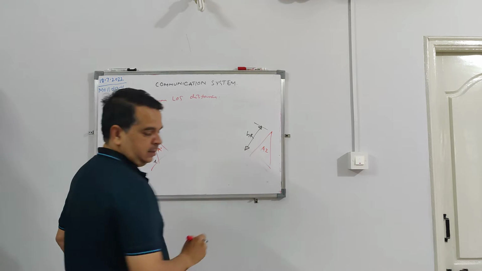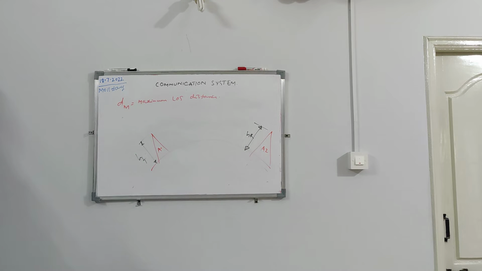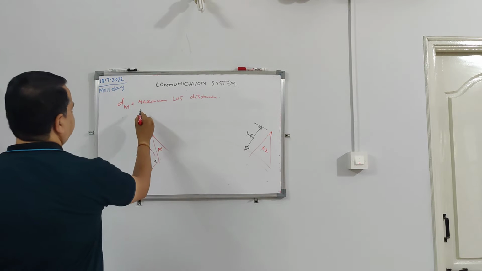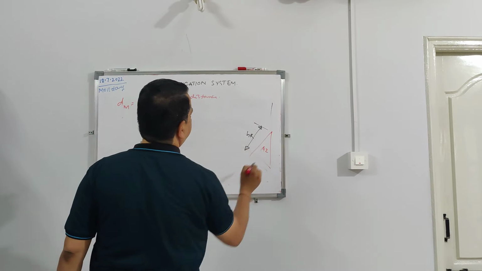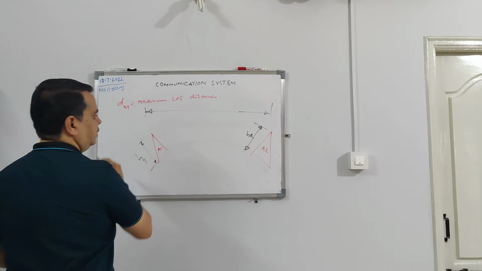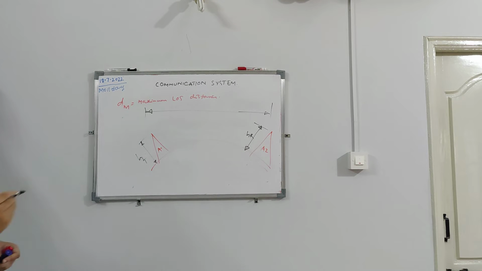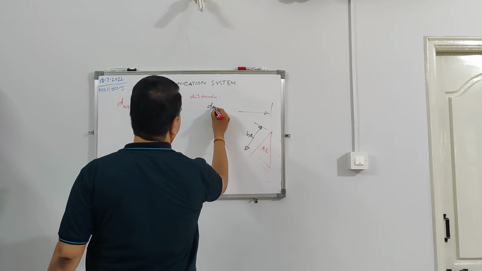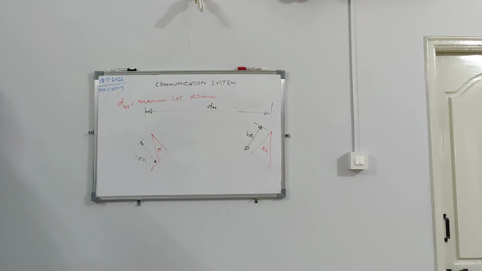The total distance that it can travel, from here to here, we call DM, the total line of sight distance a radio wave can travel.